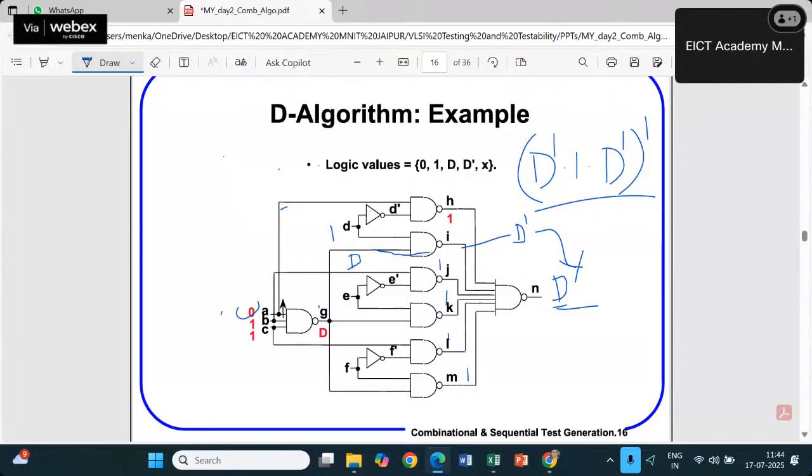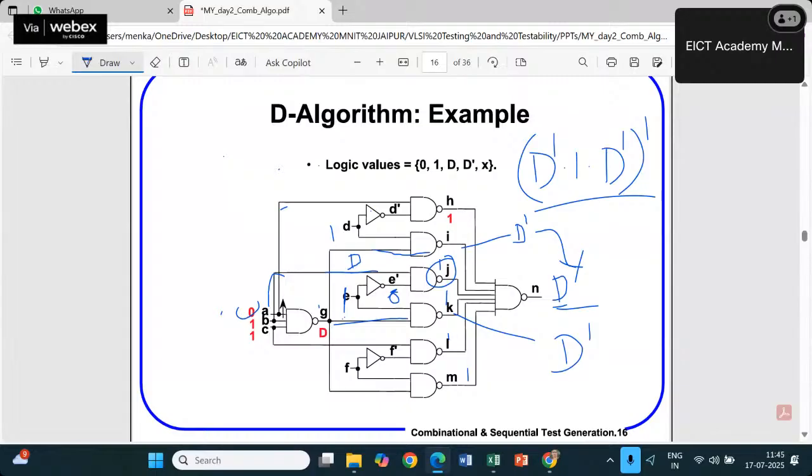That is one case. Another case, we figured out that if we are trying to make this 1, then we have to make this 0 because this one was already 1. And if this is 0, it means I have to make this 1. If this is 1 and on the other path this is D, then definitely at K also I am having D dash. It means passing the fault along with I only is not going to work, right?